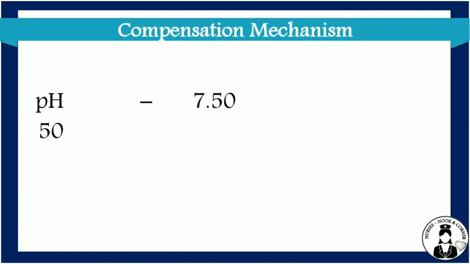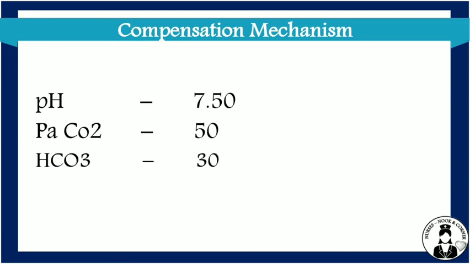Here pH is 7.50, PaCO2 is 50 and HCO3 is 30. Here pH is increased and PaCO2 is also increased. So PaCO2 is an acid if it increases, but pH is alkalosis here.